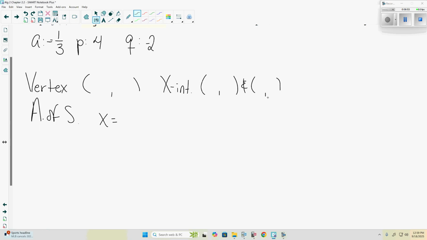Now we know the y value of the x-intercept has to be 0, because we have (p, 0) and (q, 0).